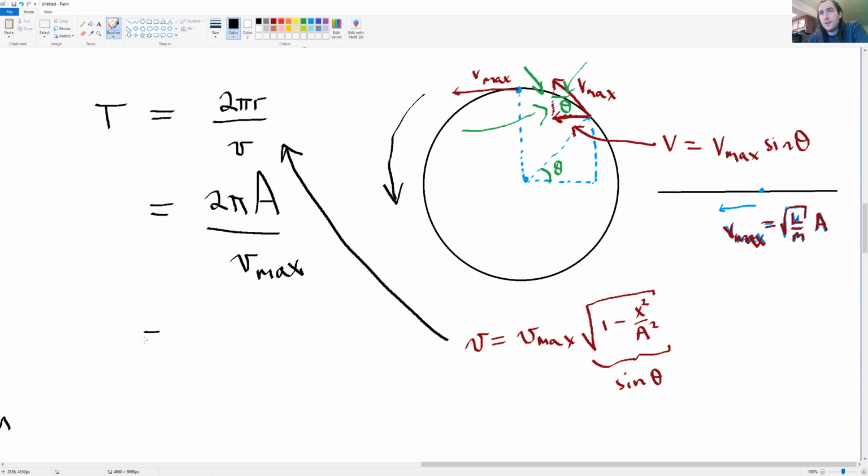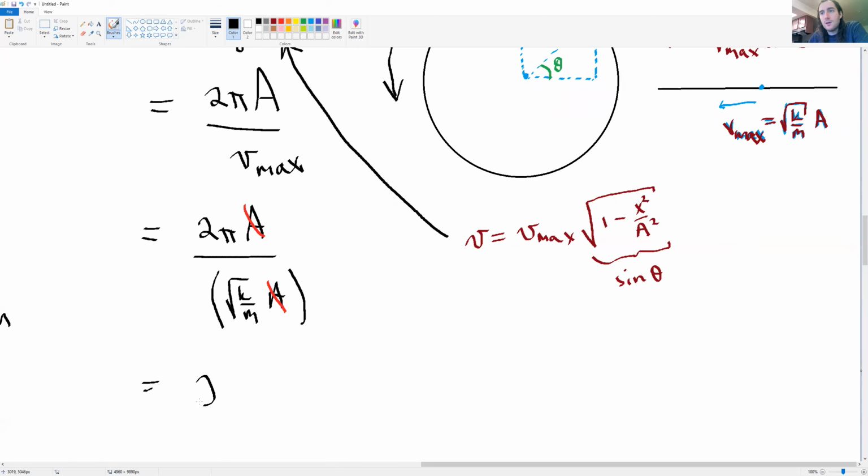So here we go: 2 pi A over V max, which is the square root of k over m times A. Boom, the A's cancel. The fraction in the denominator flips up and multiplies. So here's the formula I promised you: 2 pi times the square root of the mass over the spring constant, k. There's the period.